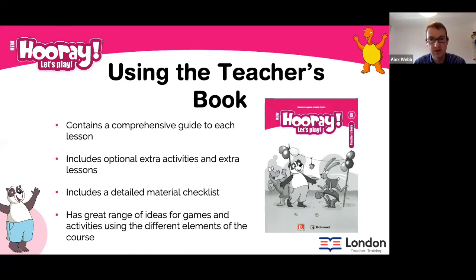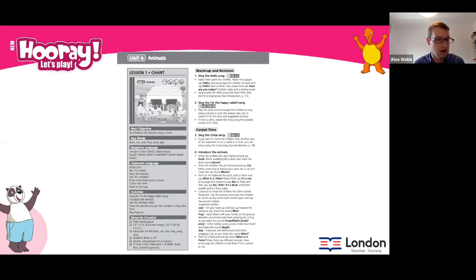Okay, and you can see on the next slide here, I've got an example of what the teacher's book looks like. You've got the main objective of the lesson, the keywords that you're going to teach, receptive language, and classroom language that you're going to need, for giving instructions and so on, the different activities that are going to be happening, and as I mentioned before, the materials checklist.